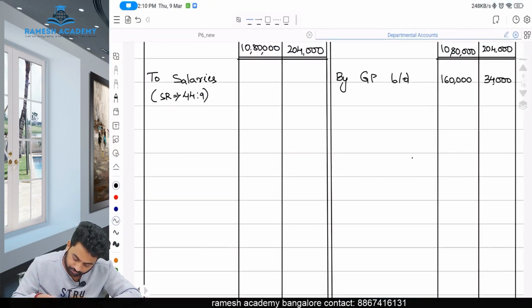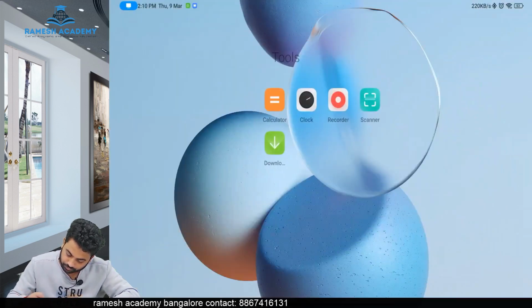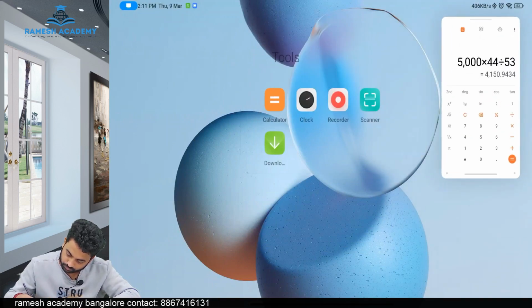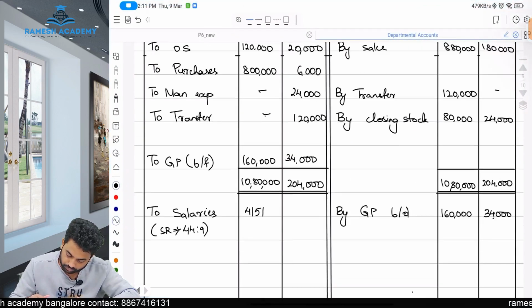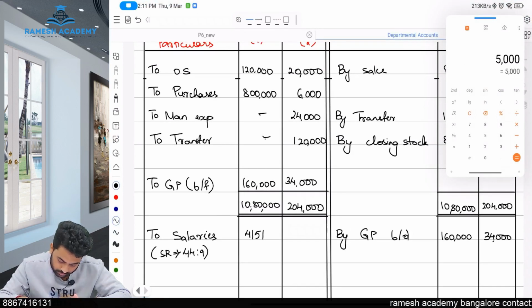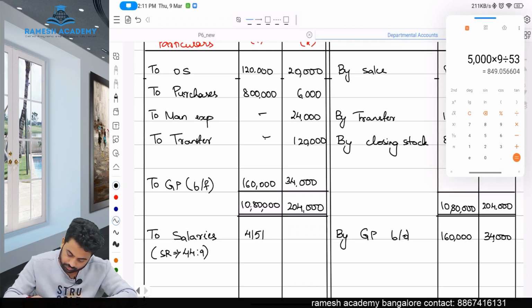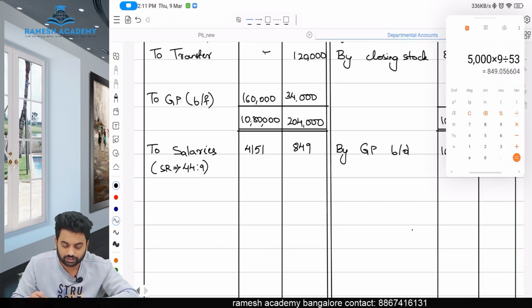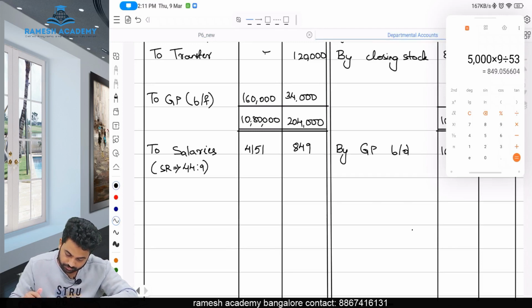And for this one, 5,000 into 9 divided by 53, 849. This is salaries. Done. Next is what?